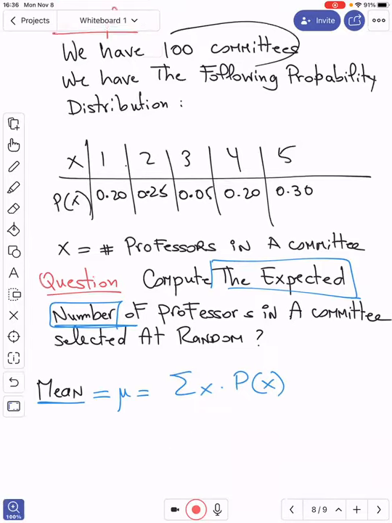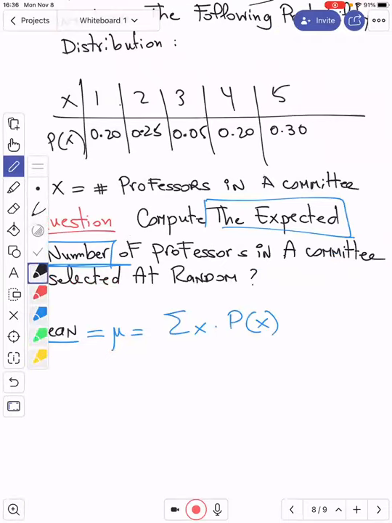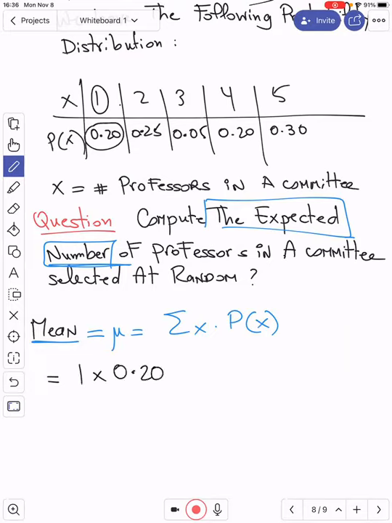Anyway, in this example, the first value of x is 1, and the corresponding p of x is 0.20. So that will be 1 times 0.20 plus, because this capital sigma, guys, is a summation symbol.